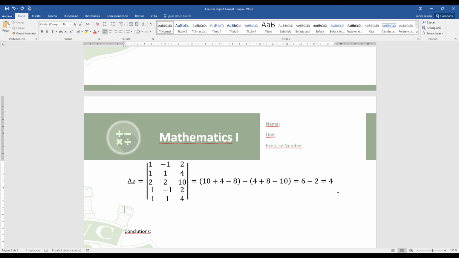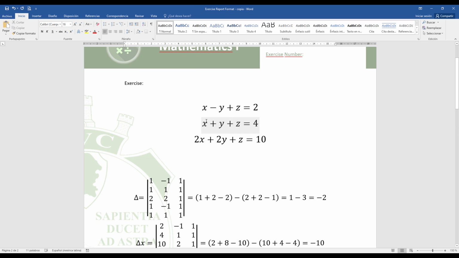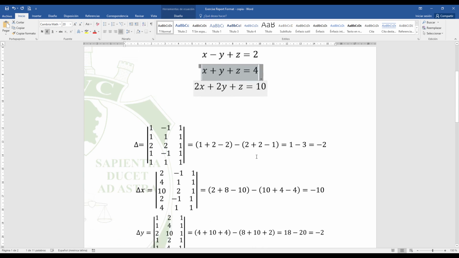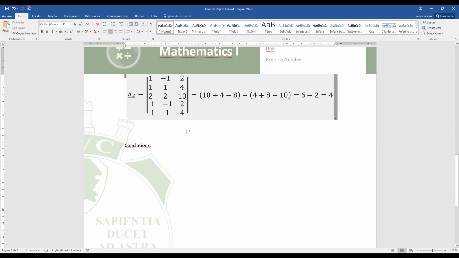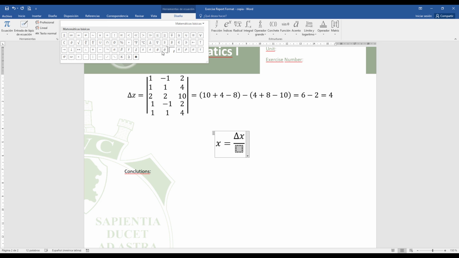Now finally you need to divide. x equals delta x divided by delta.